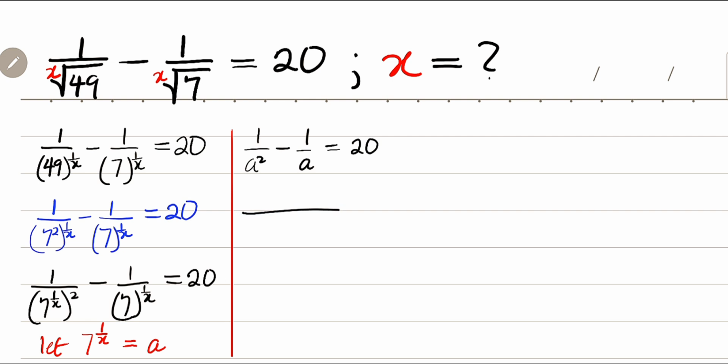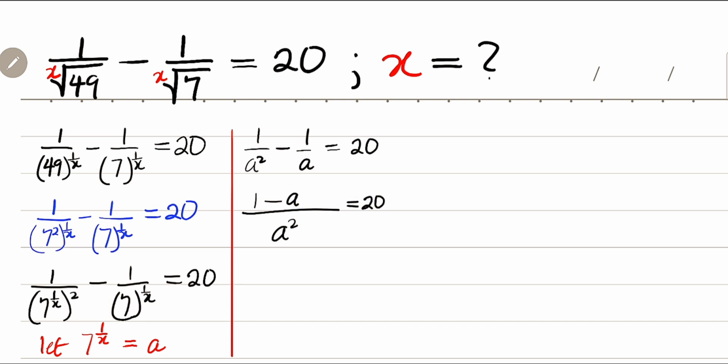Now finding the LCM here, you have a raised to 2. a squared divided by a squared gives us 1, 1 times 1 gives us 1. Minus a squared divided by a gives us a, times 1 gives us a. Then take note, all equals 20.